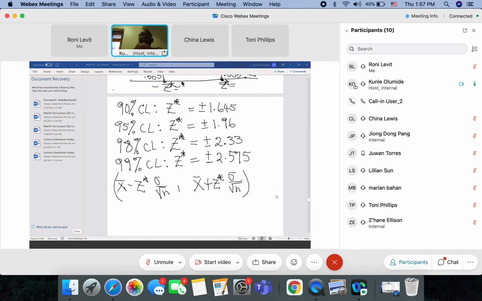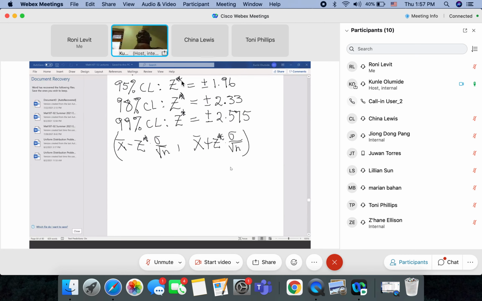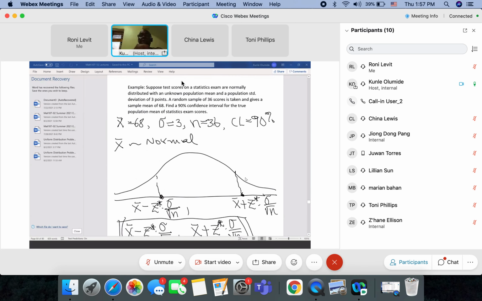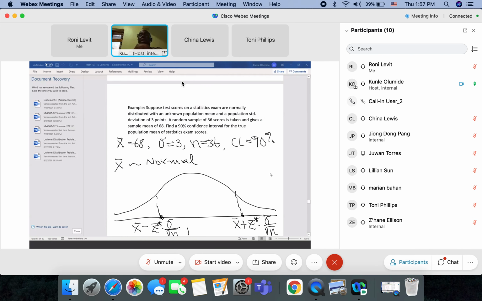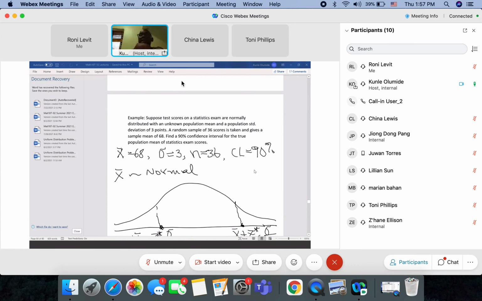Once you obtain your Z star, you can put that in the formula and use it to calculate the confidence interval. So we went over this question yesterday where X bar is 68, sigma is 3, N equals 36, CL equals 90%.